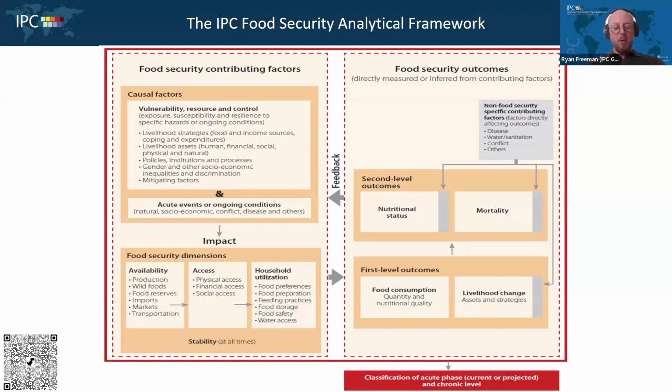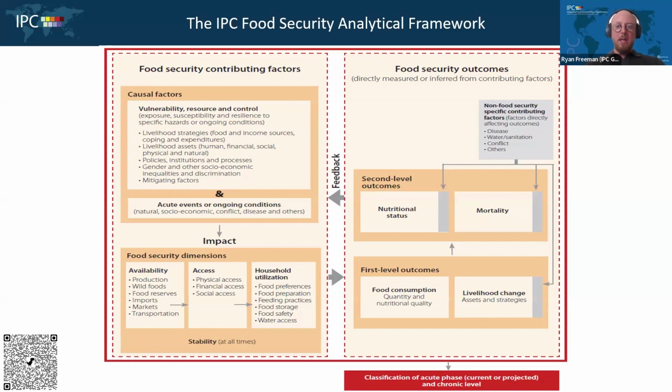Financial access, there again, we would be looking more at the purchasing power of households, the market access, the purchasing of goods, the use of financial resources to access food, whether that's in a market or in other available sources. Social access. Let's say that I don't have a particular farm in my backyard.